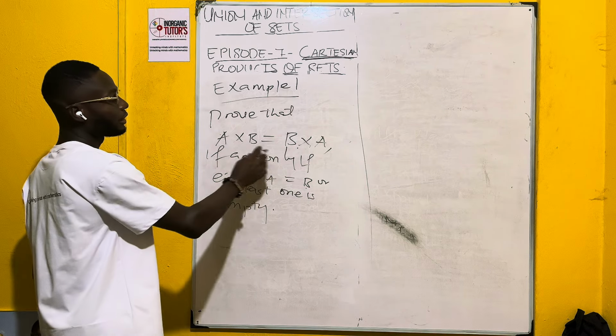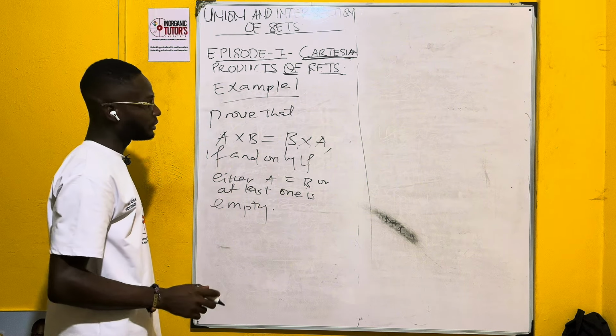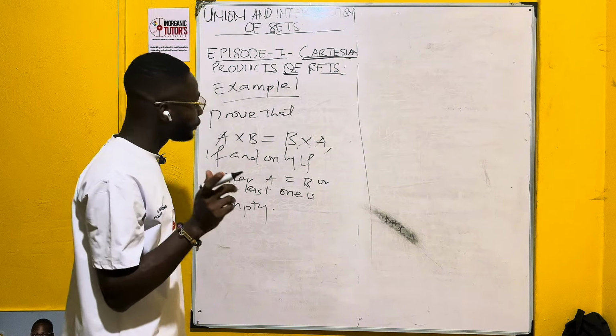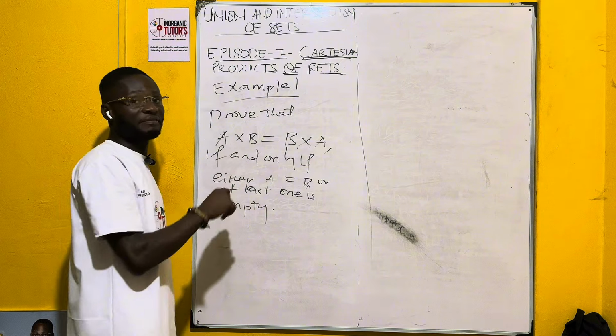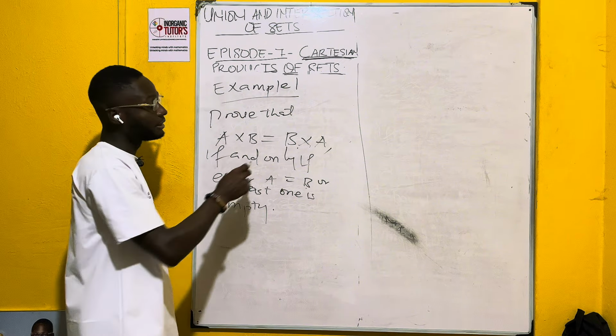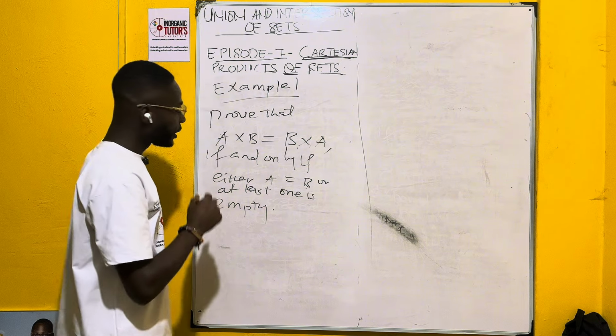We are going to prove that A cross B is equal to B cross A. But we know that in the Cartesian product, A cross B is not equal to B cross A. But we have been given a condition. If not this condition, this doesn't hold. So let's look at it.